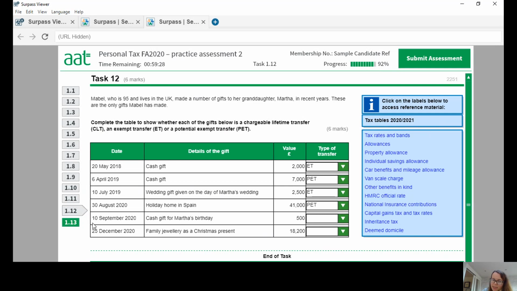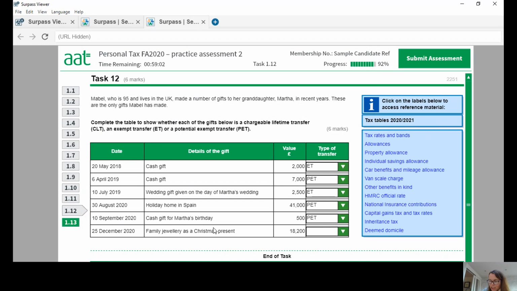But the more important implication is that this gift, which you might have thought I can wipe out with the 3,000, no, you can't, because you've already used the 3,000 on this chronologically earlier item, which means there's nothing available as an exemption for this cash gift for her birthday. So that is also a potentially exempt transfer, not exempt.